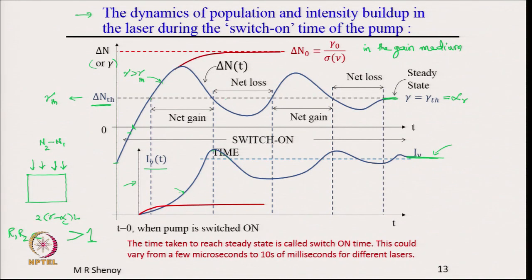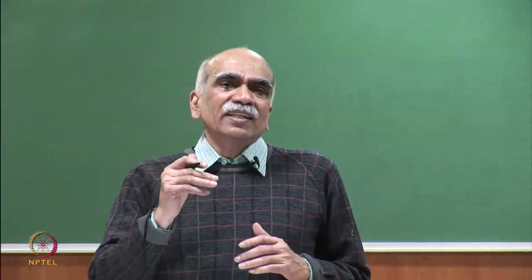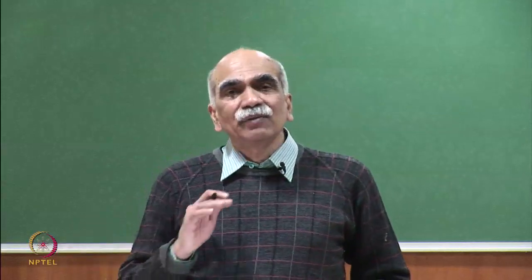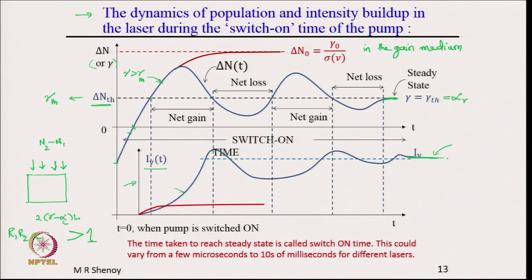If it is less than the loss coefficient, it will drop down. Therefore, at steady state, gain is equal to loss, and we have a certain amount of intensity output from the laser, because this is the intensity built up inside the resonator and a fraction of it comes outside.